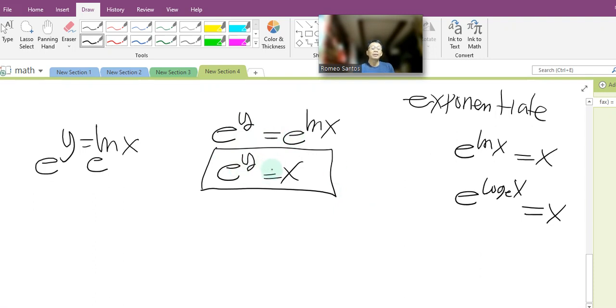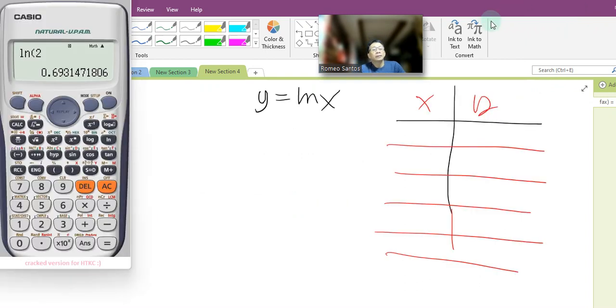This is the shortcut of transforming a logarithm into an exponential function. And then you just use your calculator. This is another way of plotting the function y is equal to ln of x.